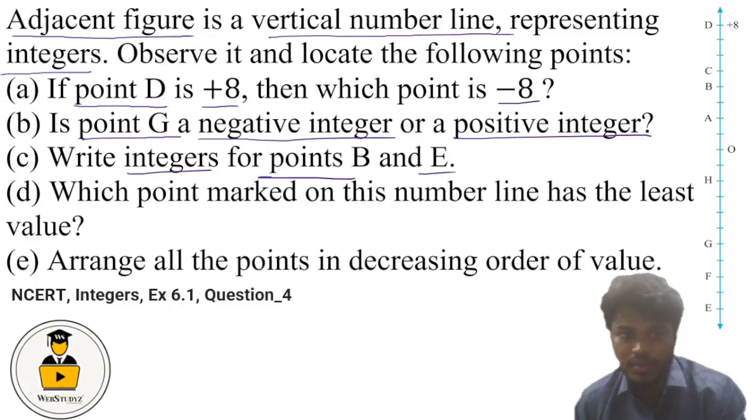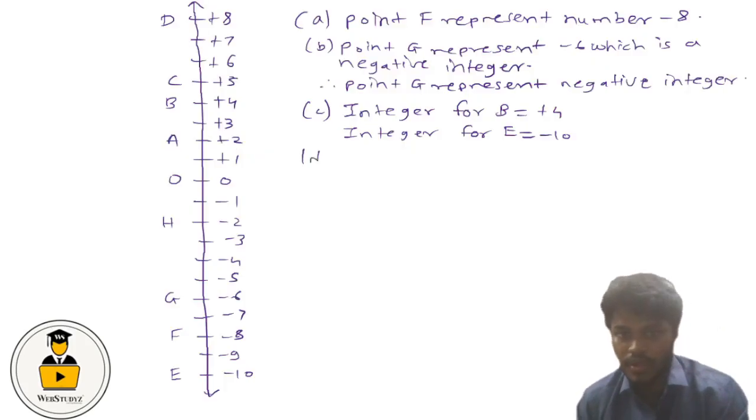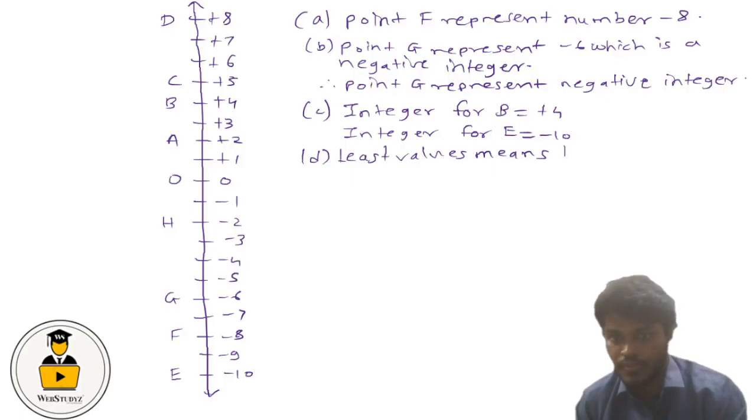Now let us look at D. Which point marked on this number line has the least value? So we have to find the least value. Least value means the lowest value.